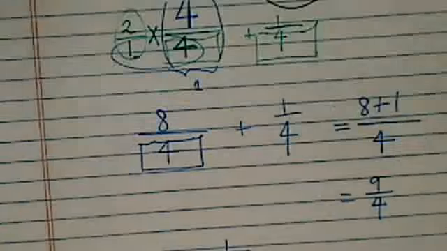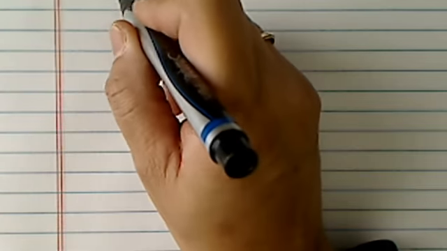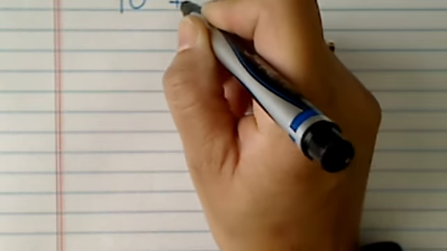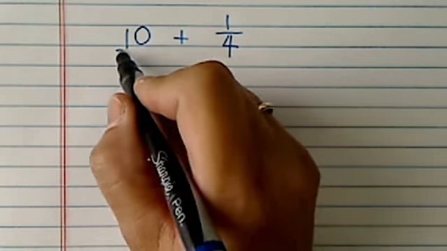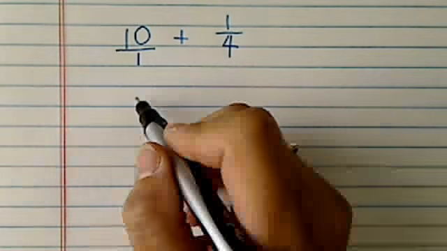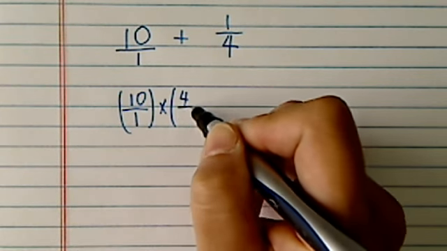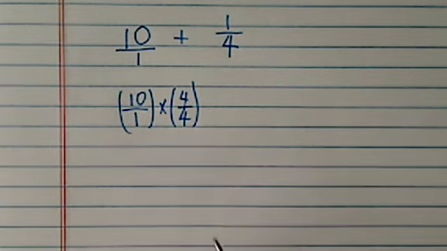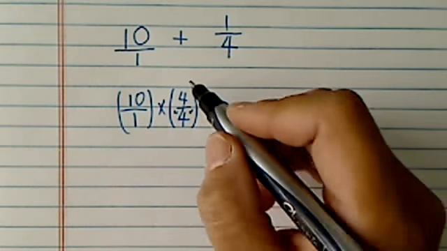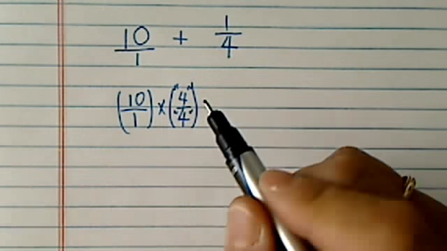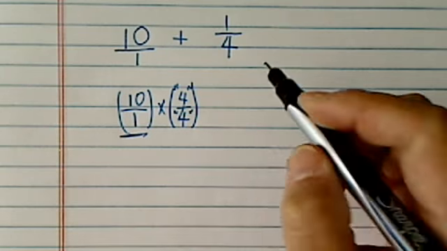That's pretty easy. Let's see, what if I give you $10 instead of just $2? Let's try it. The exact process should be the same. I have 10 plus 1 over 4. 10 is really 10 over 1. Let's get everyone on the same boat by multiplying by a magic factor. This one is the boat I want, but I have to multiply top and bottom so I don't end up changing the number I started with.